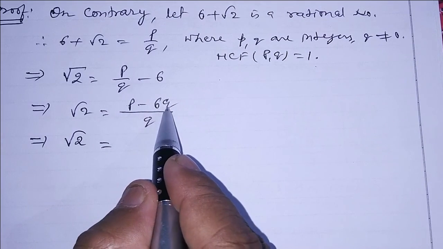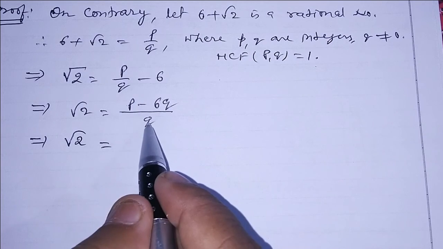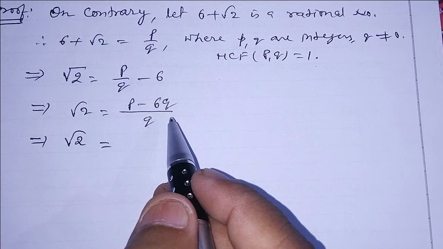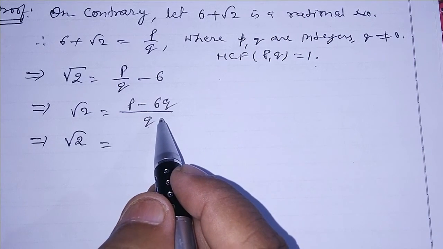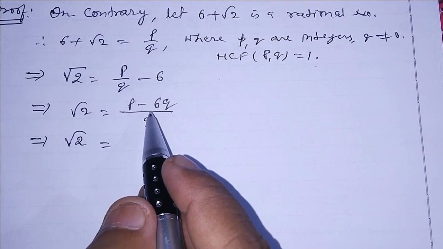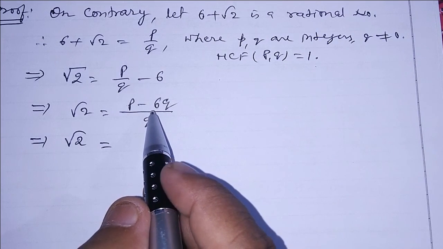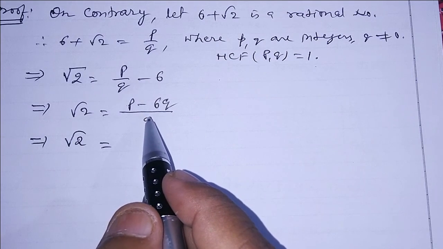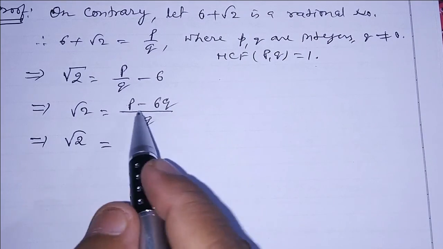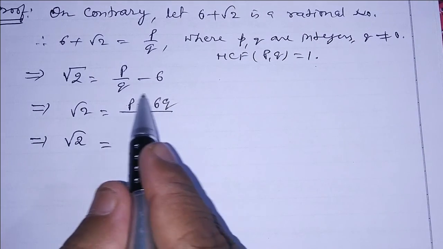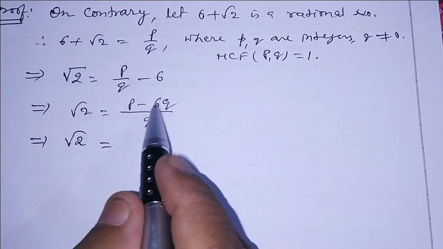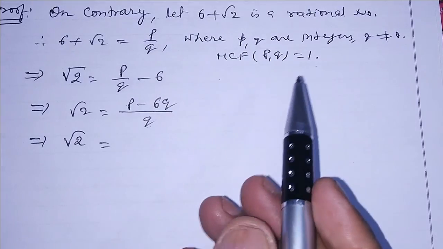Integer minus integer is an integer, and integer divided by integer is also an integer, because of the closure property. Division, subtraction, multiplication, addition, all are closed under integers. So p minus 6q and q are all integers. So integer by integer must be a rational number.